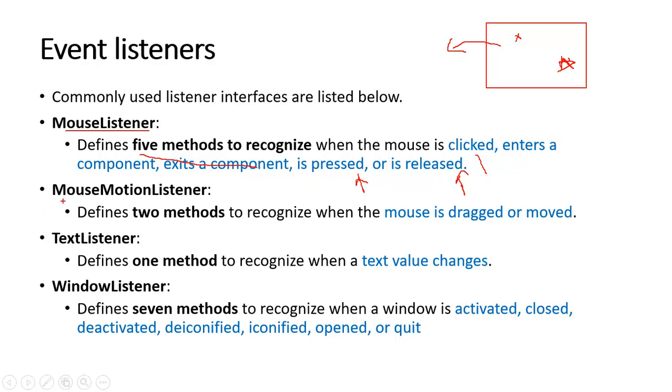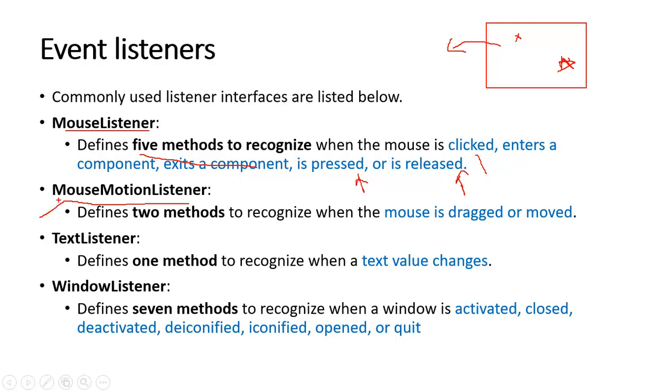Again, we have a very different type of event listener, and that is called the mouse motion listener. This is used when you are dragging the mouse or when you are moving the mouse. For example, I am moving the mouse. As I move continuously, mouse motion events get generated, and if you want to listen to that, you will have to have a mouse motion listener.